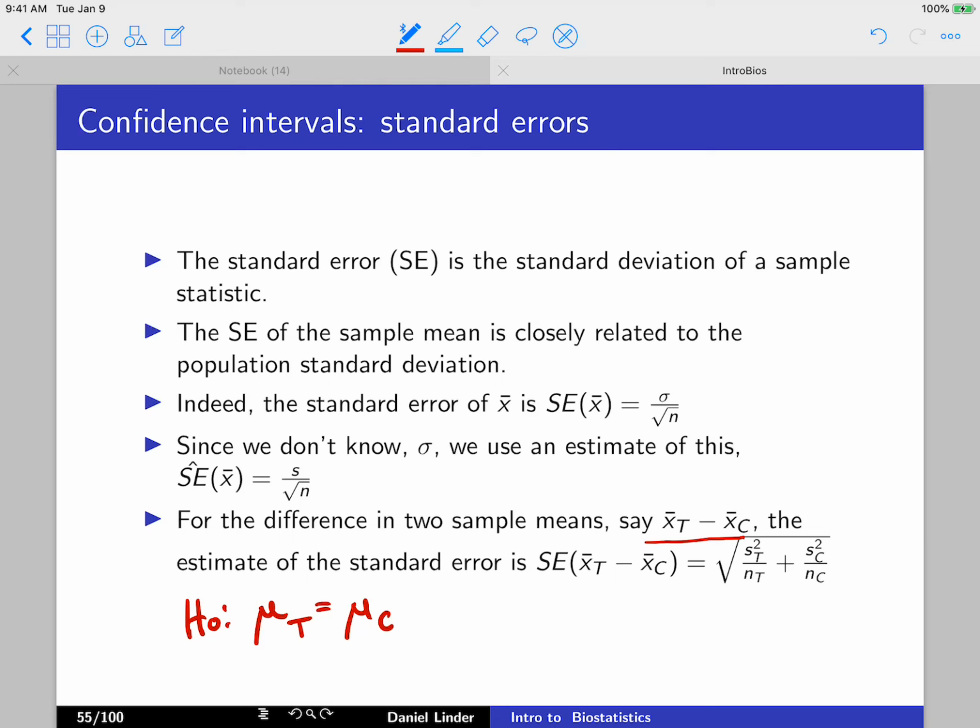You would take a sample from the treatment population and compute the sample mean, and you would take a sample from the control population and compute the sample mean, and you would try to gauge how different these sample means are. Well, probability is going to allow us to quantify how different and the level of evidence either for or against this.